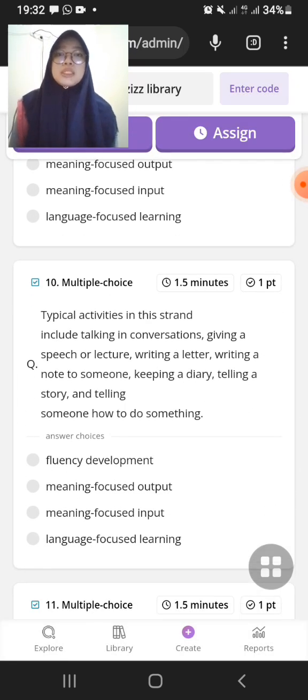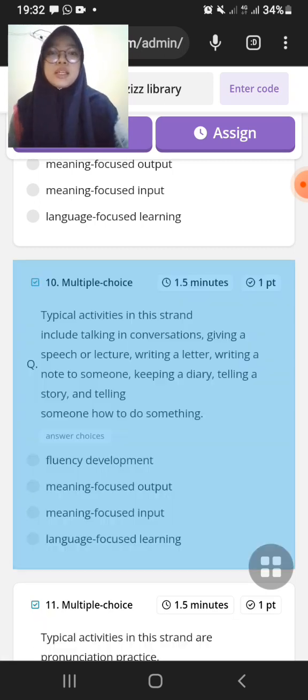Question number 10. Typical activities in this strand include talking in conversations, giving a speech or lecture, writing a letter, writing a note to someone, keeping a diary, telling a story, and telling someone how to do something.